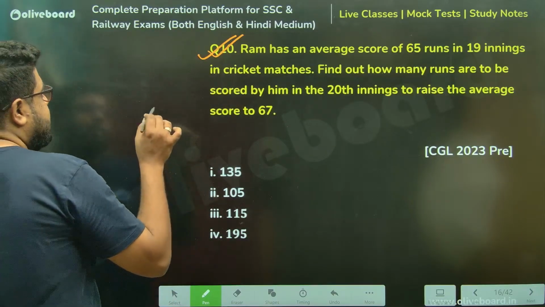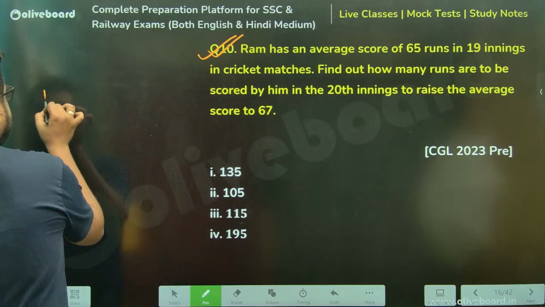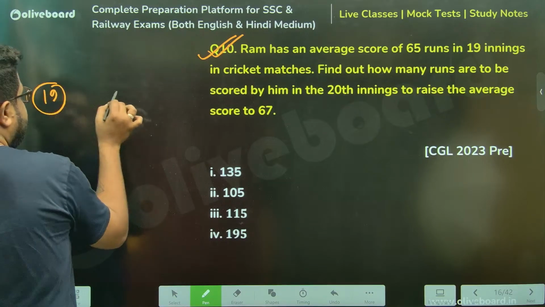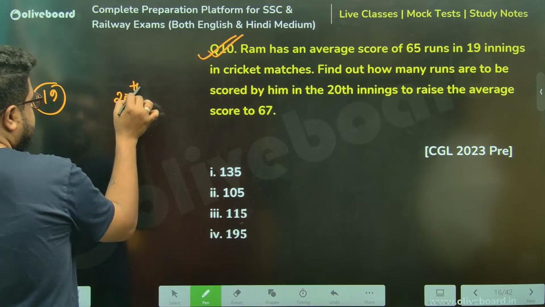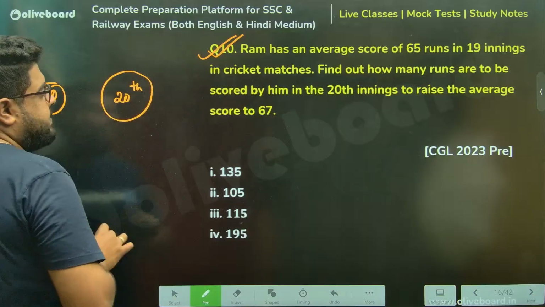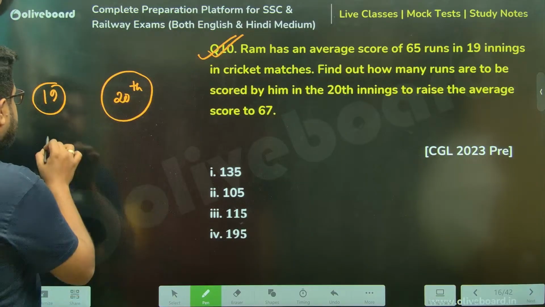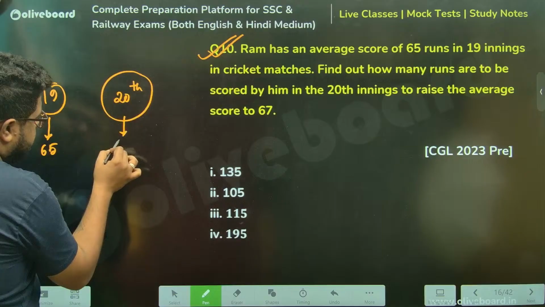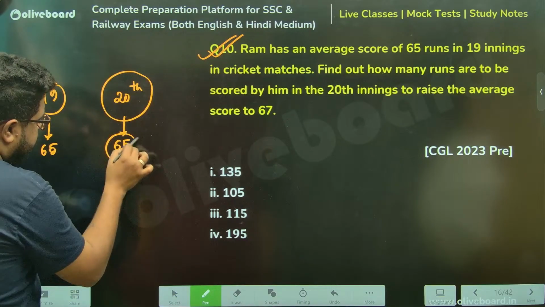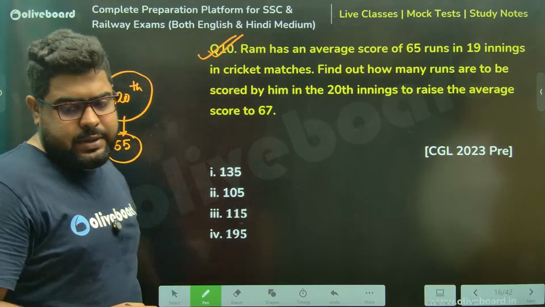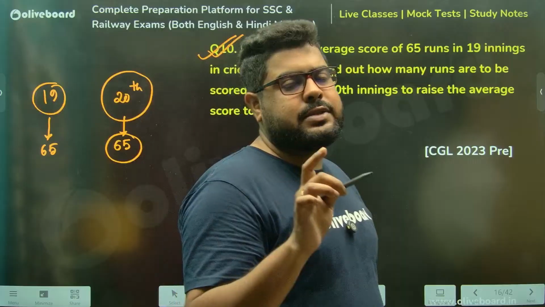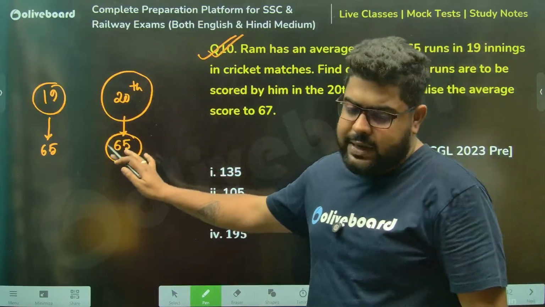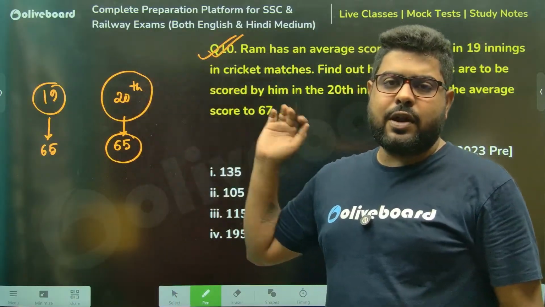There are the first 19 innings and then the 20th innings. Please understand, the average score over here is 65. So if he had scored 65 in the 20th innings as well, what would have been his overall average?